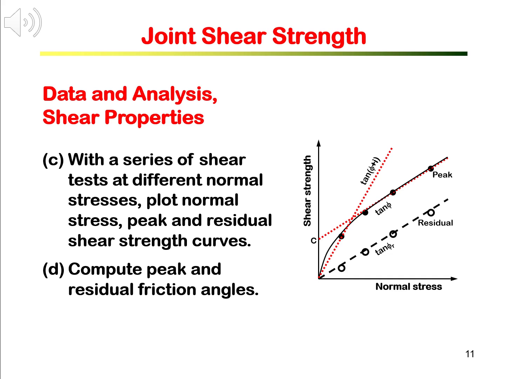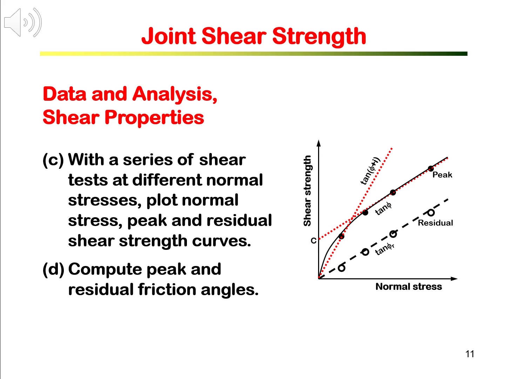What we have done so far on data analysis is for each shear test at a constant normal stress. We have obtained peak and residual shear strengths. We usually will do a series of shear tests at different normal stresses in order to find the joint shear strength parameters of cohesion and the friction angle.